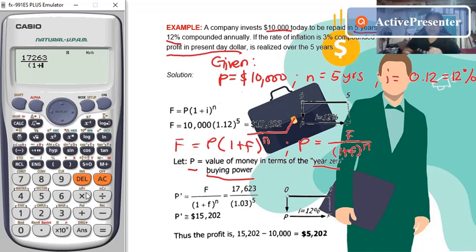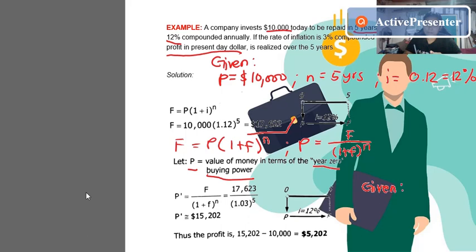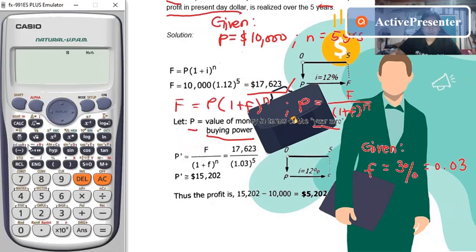plus f, which the problem stated earlier as the inflation rate of 3% or 0.03. Okay, so solving for our profit, we have 17,623 divided by (1 plus 0.03) raised to the number of years, 5 years.